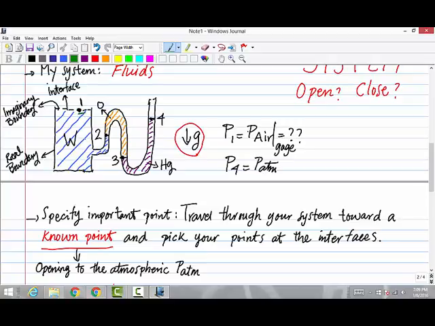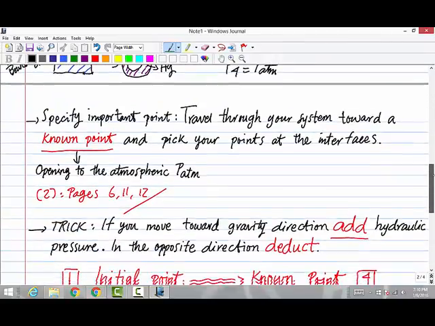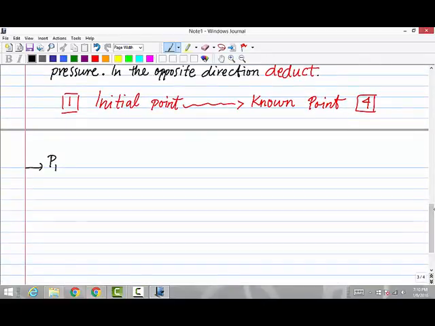The total depth is H3. Oh, sorry, it is H1. So from point 1 to point 2, we need to add the hydraulic pressure, rho g H1, and it was water, so rho is the density of water.